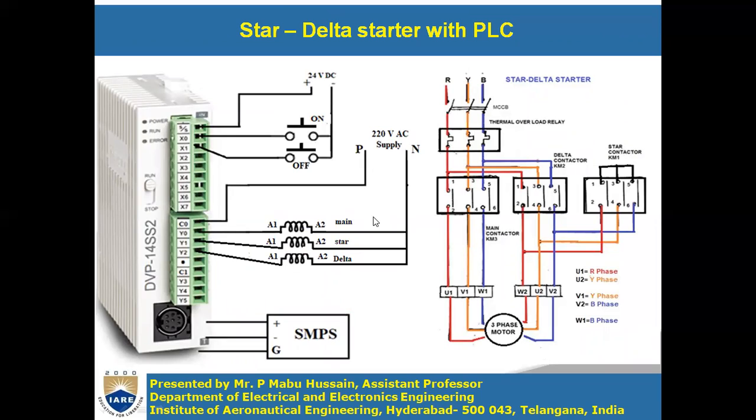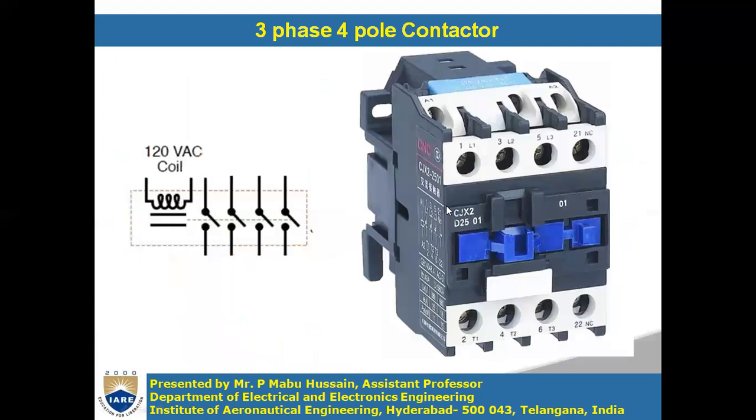Let us now implement the star delta starter with the PLC. In a star delta starter, mainly we are going to use 3 contactors. Each contactor will have one coil like this. Each contactor will have 4 poles and 1 coil.